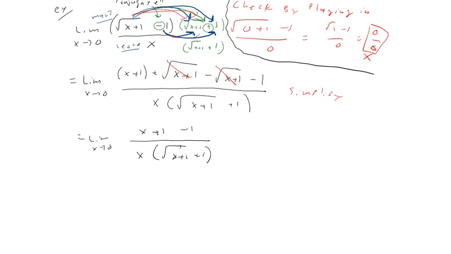And again, some simplifying, look at this. Plus 1 minus 1, those things go away. And so I have the limit as x approaches 0 of, oh, not 1, sorry, of x over x times this whole square root thing, root x plus 1 plus 1.